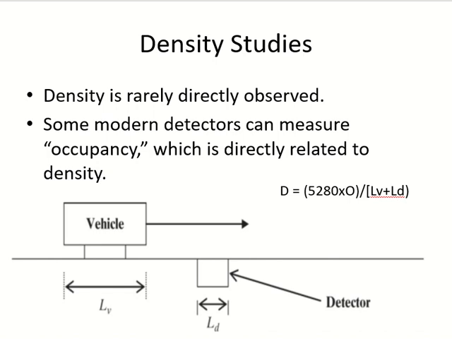Clear? Okay. So once you have the length of the detector, the length of the vehicle, and the occupancy value, you can calculate the density using this equation. In this equation, LD is fixed. This is my detector, it doesn't change. LV is almost fixed, like you have to specify what type of vehicles you are doing it for.